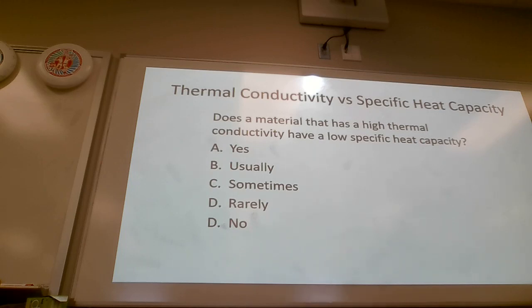How much the temperature changes by, that's a consequence of thermal conductivity. Nope. That is a consequence of specific heat capacity. Let me say that again because I just messed that up. How much the temperature changes is a consequence of specific heat capacity. How quickly the heat transfers through the material is a consequence of thermal conductivity.